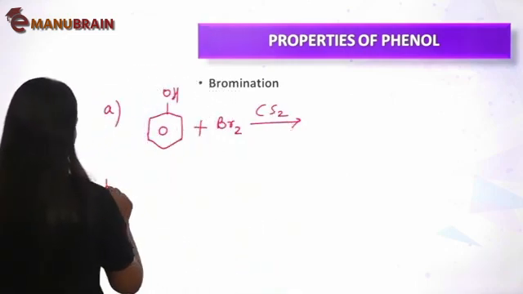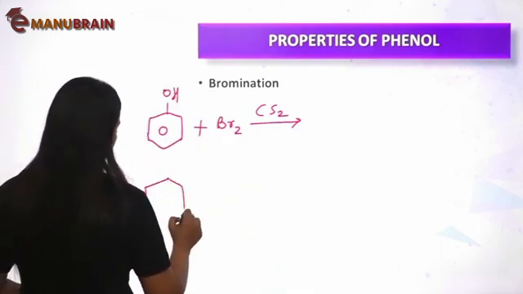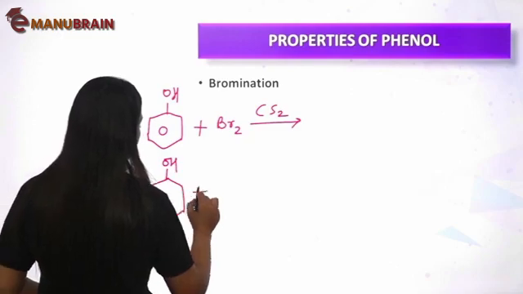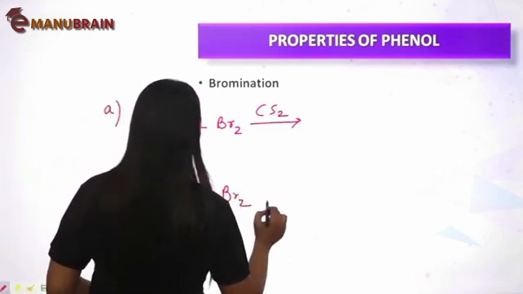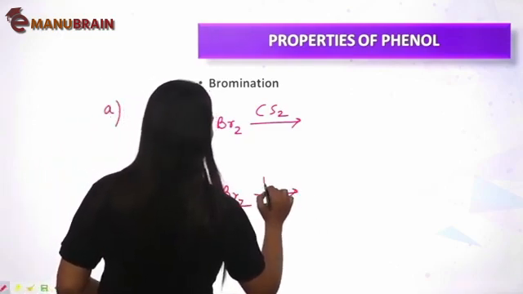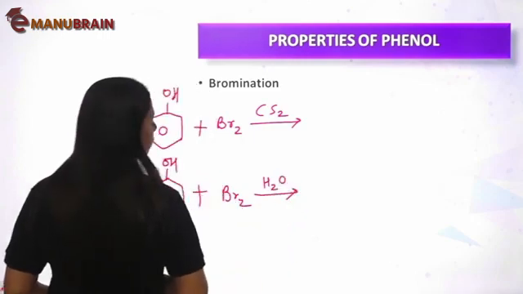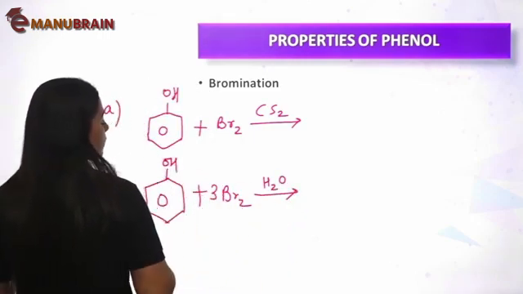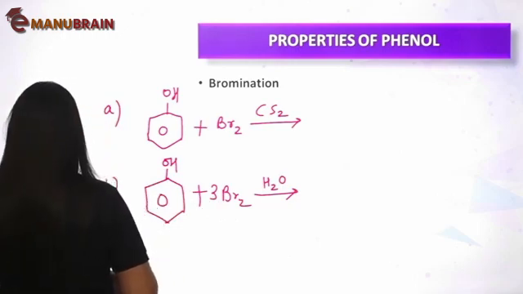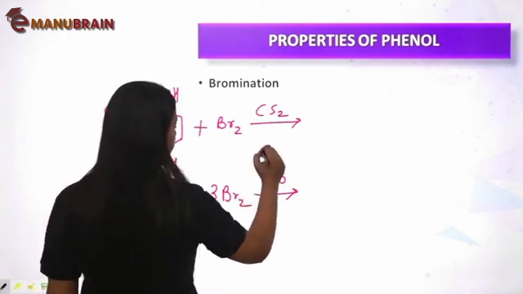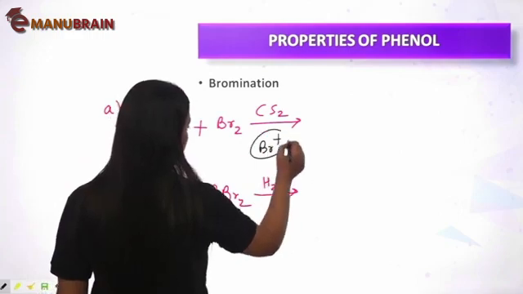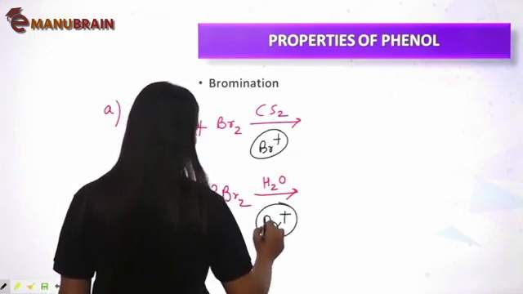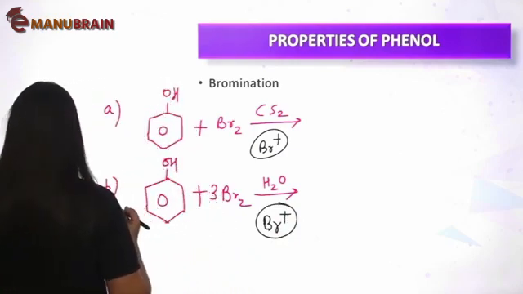And the second case is when this phenol reacts with an aqueous solution of bromine, okay. In aqueous solution of bromine, the bromine concentration is more and it will give you the electrophile bromonium ion, like chloronium ion. So bromonium ion is there, Br plus.